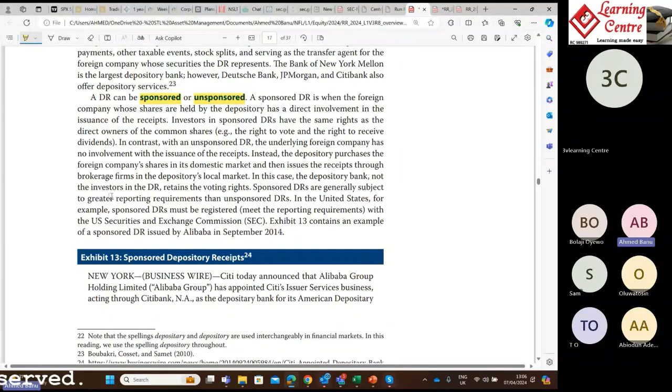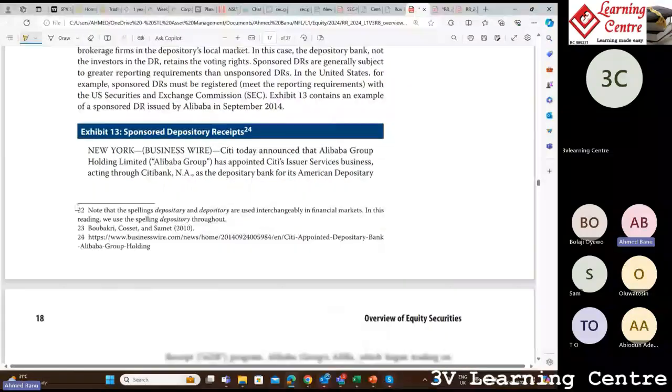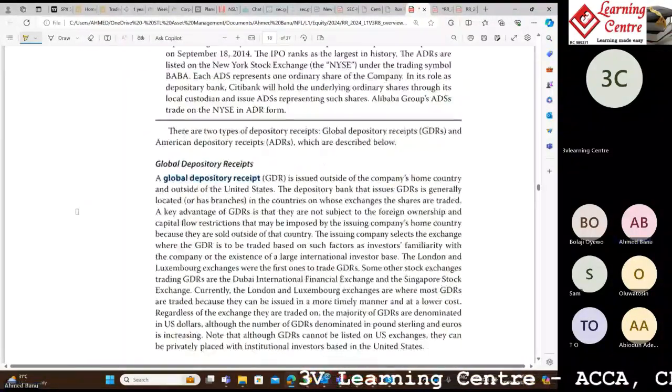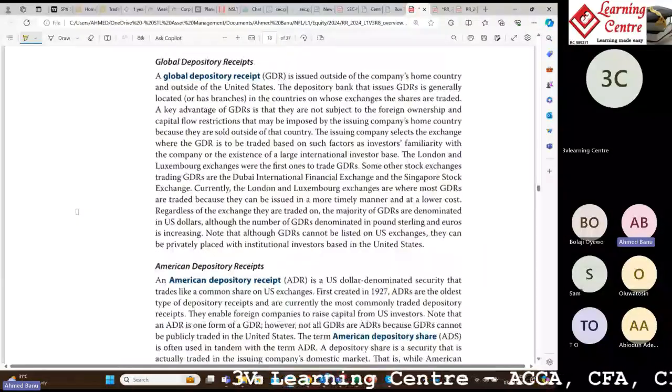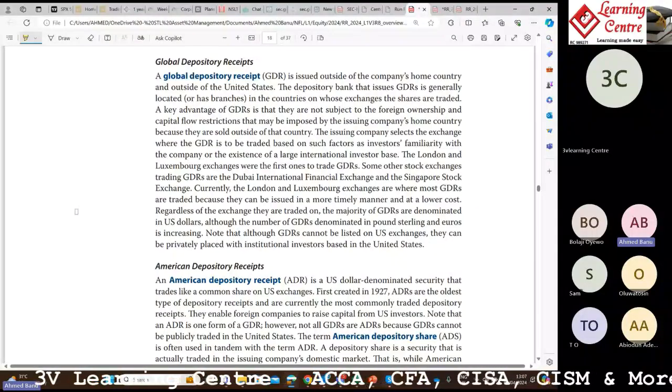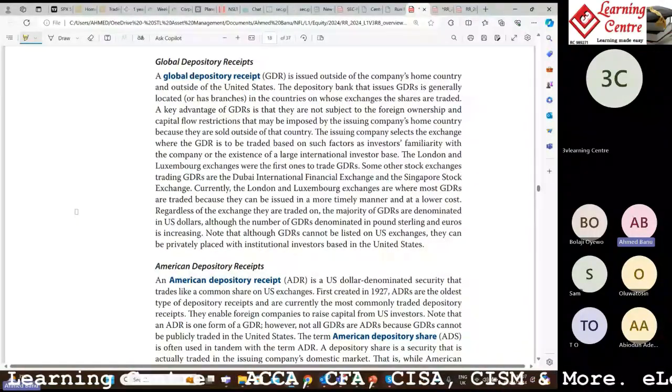A typical example, what you need to know is that majority of the Chinese shares that trade on the American Stock Exchange are actually depository receipts, not actual shares of the company. So there's something you hear, global depository and American depository. I always say it, America has a big problem. America likes to always be different from the world.